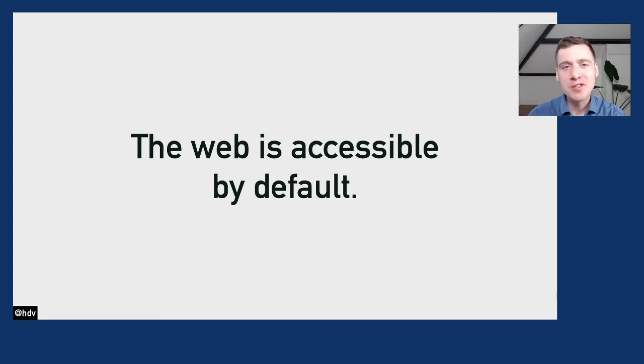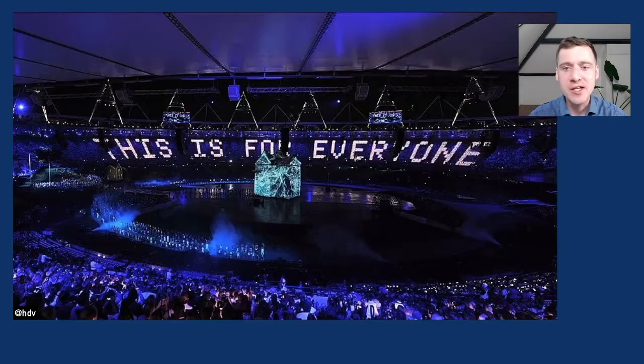When the World Wide Web was invented, very soon after, accessibility was put at the front and center by the W3C. And the inventor of the World Wide Web, Sir Tim Berners-Lee, when he was at the London Olympics opening ceremony, he made these 4 words appear: This is for everyone, which of course applies to the World Wide Web.